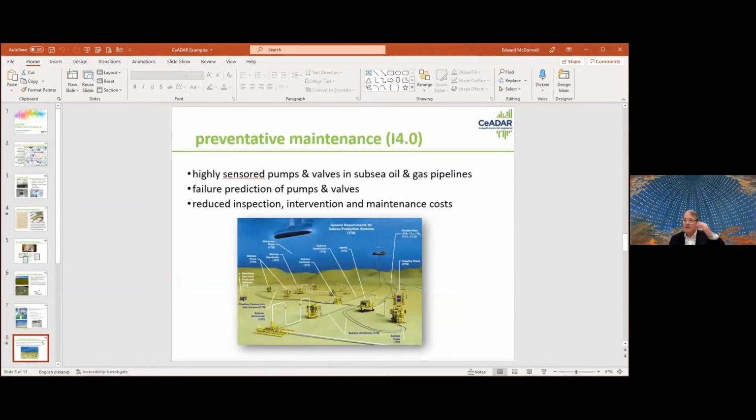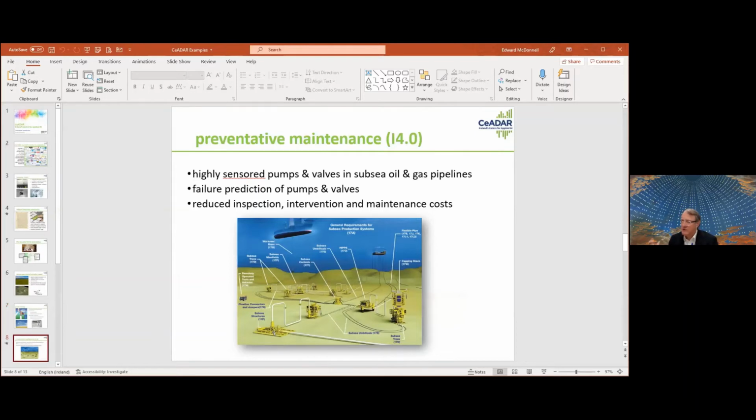And taking that other example of preventative maintenance, which is a big part of what's called Industry 4.0, we worked with a company that collects a lot of data from the pumps and valves that sit on the ocean floor and direct the oil and gas networks around the world. So again, a very hostile environment, very difficult to get at.